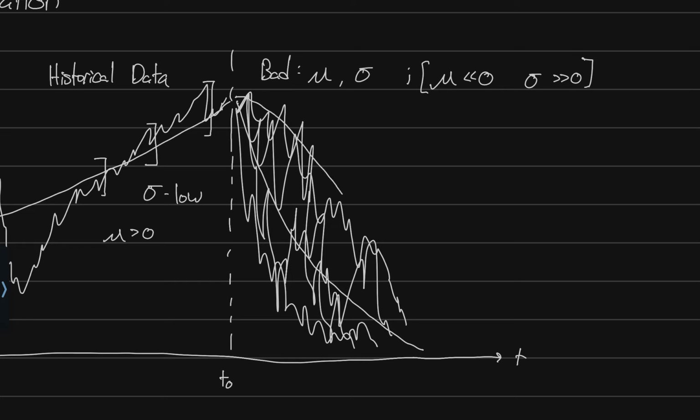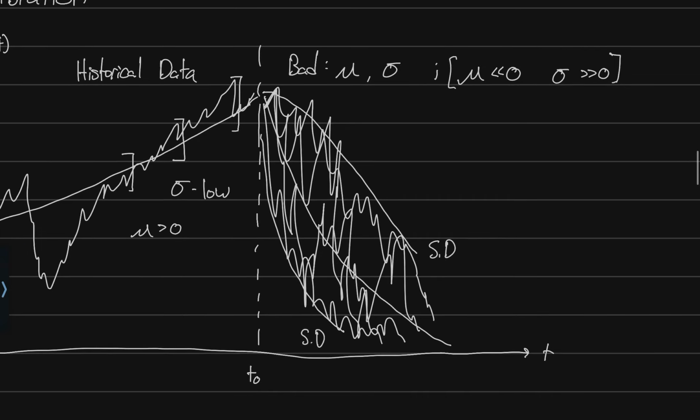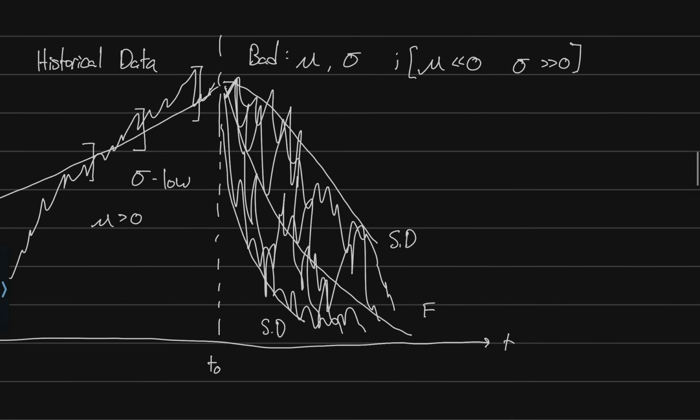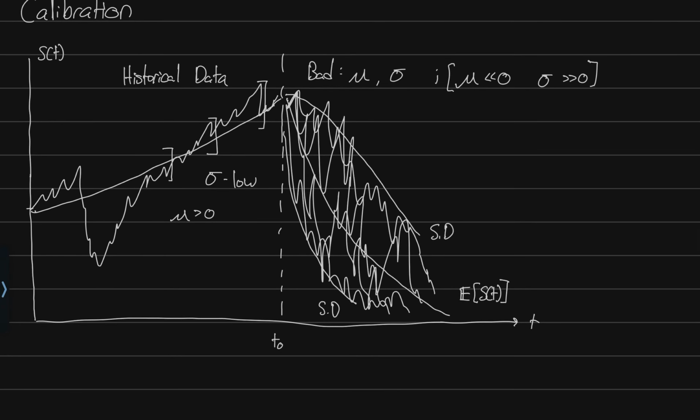And then obviously we'd have our standard deviation limits, which we can calculate out. And we can have our expected value of S of t over here. Now, just by looking at this right here, even though we're using the same exact model, this is not a good representation of the stock price we're trying to analyze because we did not choose our mean returns and volatility in a good way.